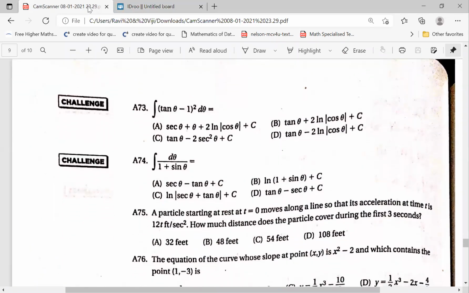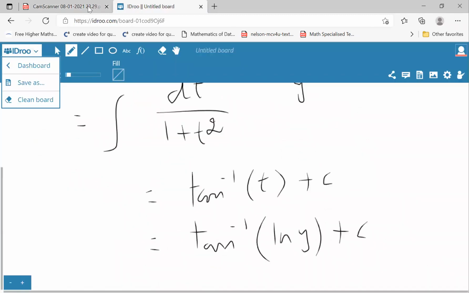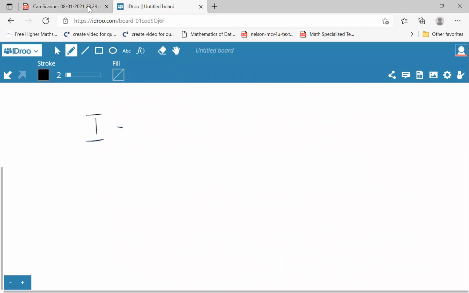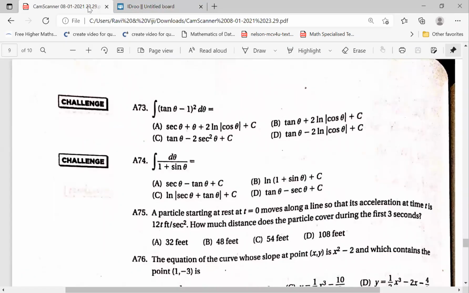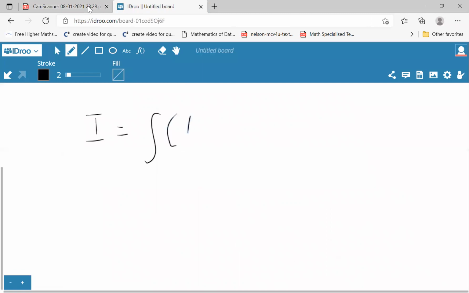Coming to the 73rd, integration of tan theta minus 1 the whole square d theta. Let us solve that. Let I be equal to integration of tan theta minus 1 the whole square d theta.